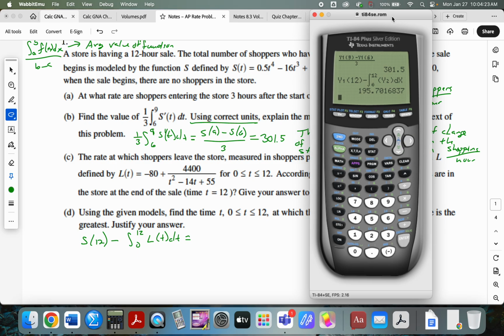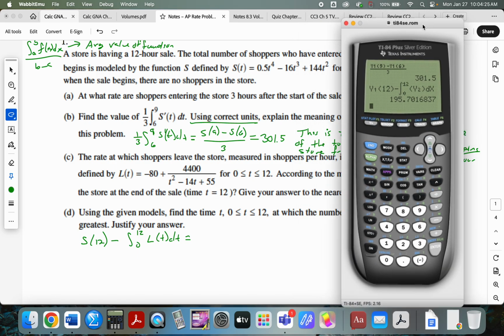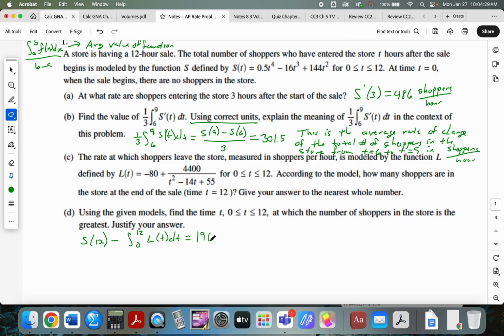And it says, give your answer to the nearest whole number. So there's 196 people. Notice this is the number of people in the store, right?